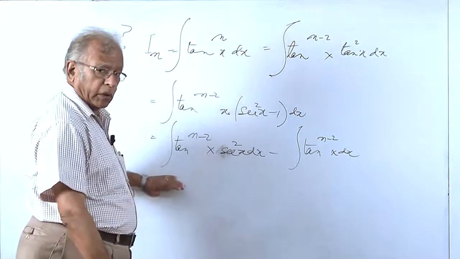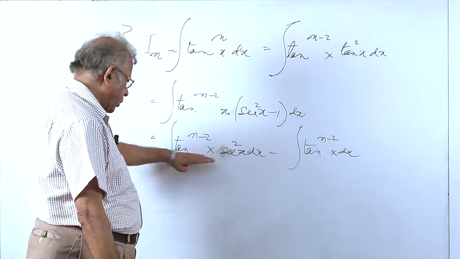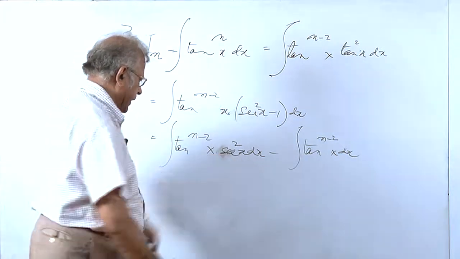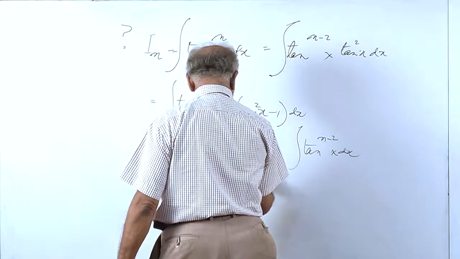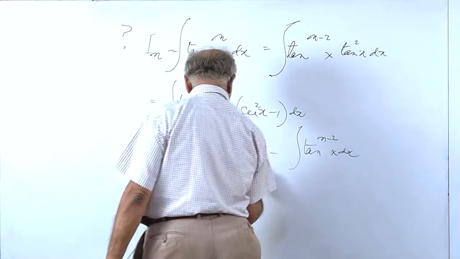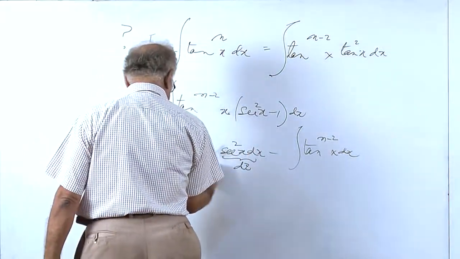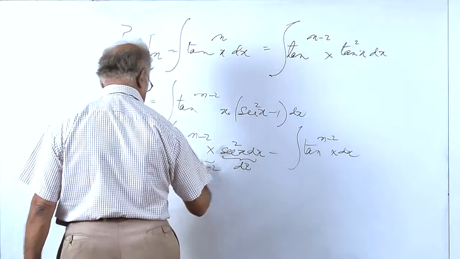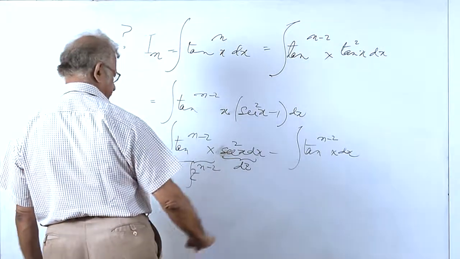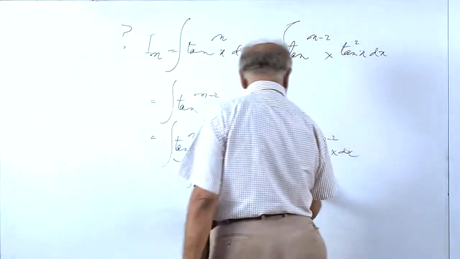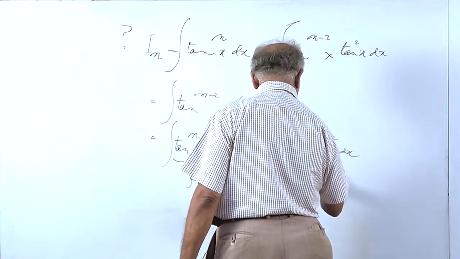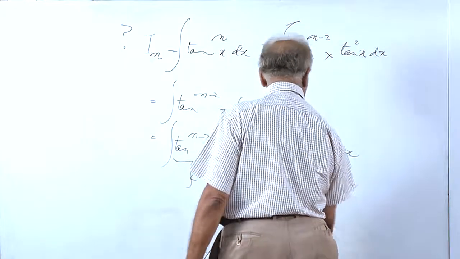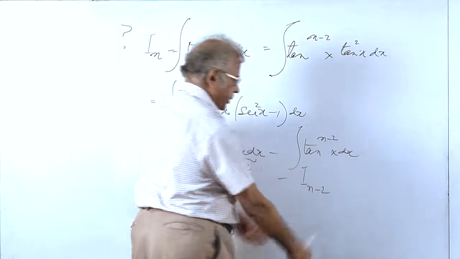Now, going by whatever we substituted earlier, if we call tan x as z, then this is z to the power of n minus 2 and sec square x dx is dz. So the integral of this is z to the power of n minus 1 over n minus 1, minus this, which is I sub n minus 2, because here is the reduction.